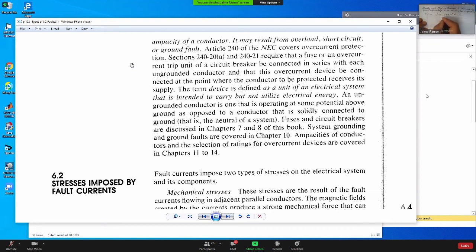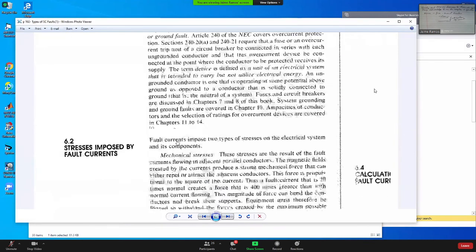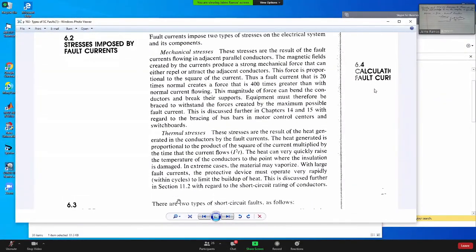So it's part of the system. Here, the utilization equipment is the load. That's the load. The device carries, but does not utilize, electrical energy. Then mechanical stresses, thermal stresses, fine.